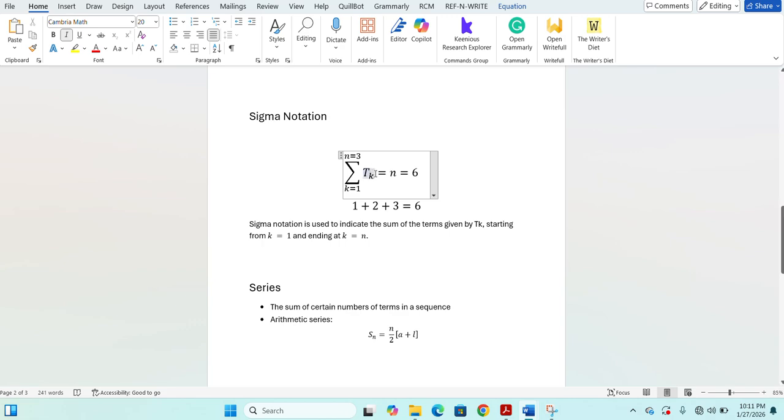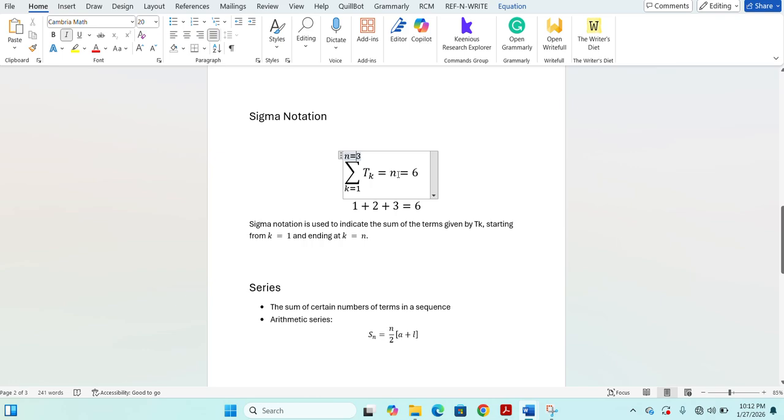Like when you add from tk up to n, tk represents the sum of all the terms, the first term, the second term, and the third term. It's their total. So n represents the formula of the sequence.